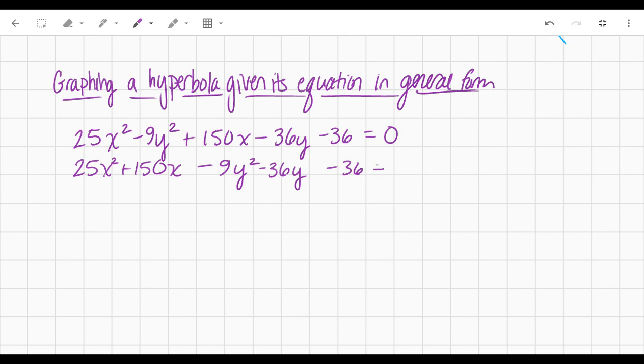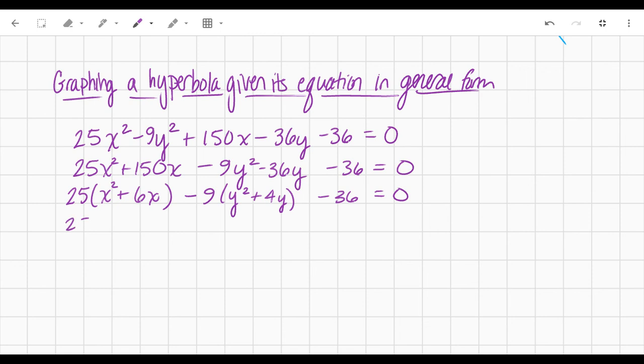We're going to kind of ignore that 36. We're going to factor out our coefficients. And that's going to be 6. Make sure we factor out a negative 9. So y squared, be careful, plus 4y. Okay.